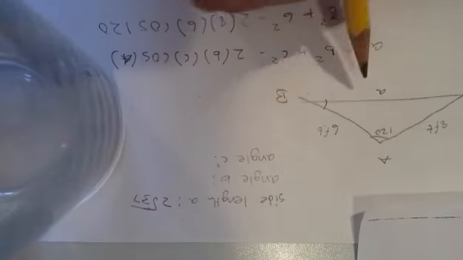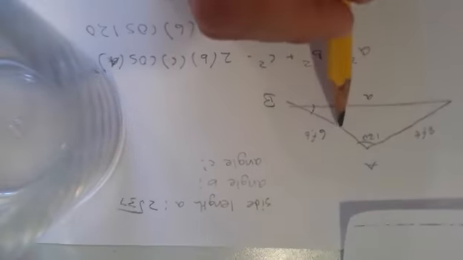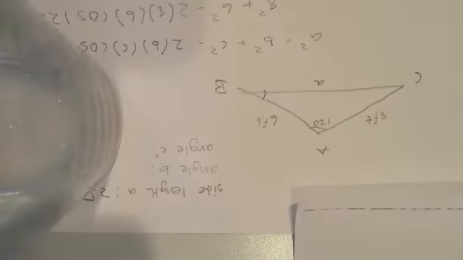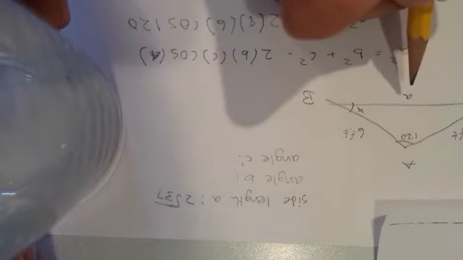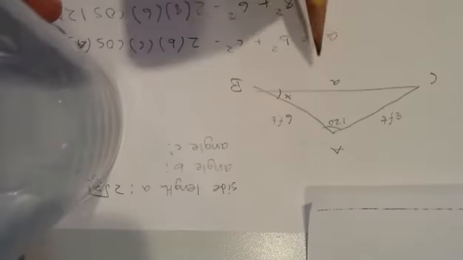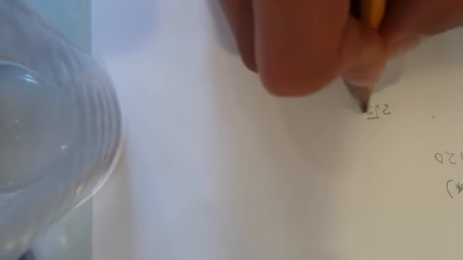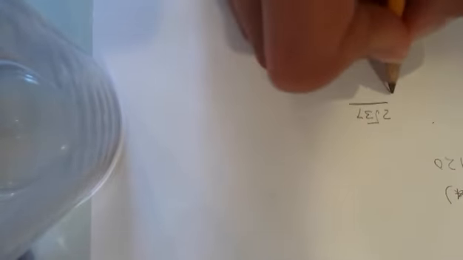Next, we need angle B, right here. The way you solve that is by using the law of sines. If you label this as x, since you have this angle, you can use 2 root 37 over sine of 120. Oh, my bad, it's the other way around.